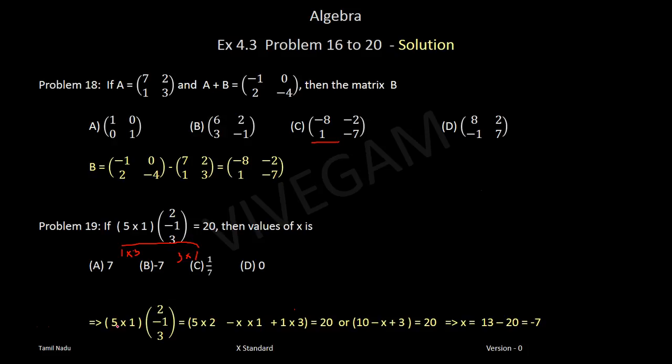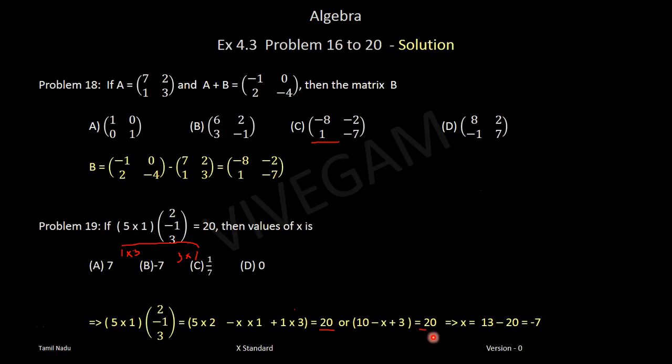So let's do the matrix multiplication. 5 into 2 plus x into minus 1 plus 1 into 3 is that element. So 5 2s are 10, this is minus x, and plus 3. So 10 minus x plus 3 equal to the right answer, which is 20, right? So 10 plus 3 is 13.